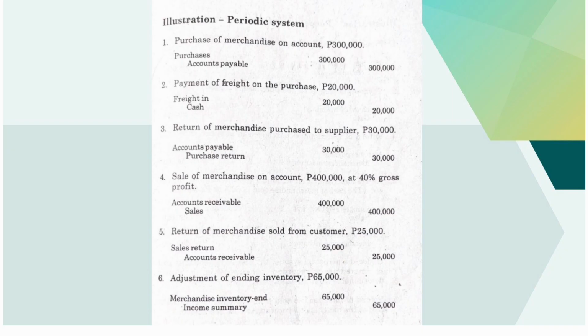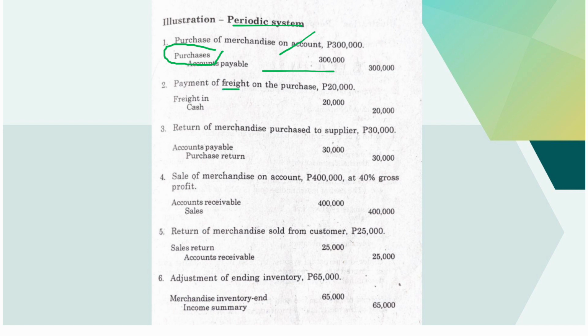So let's do an illustrative problem. Let's say this is the periodic system. So when you purchase merchandise on account amounting to 300,000, the journal entry is we use a temporary account, purchases, debit, and a credit to accounts payable.